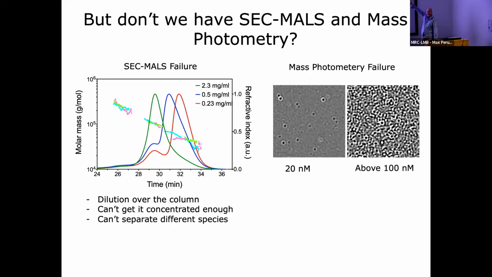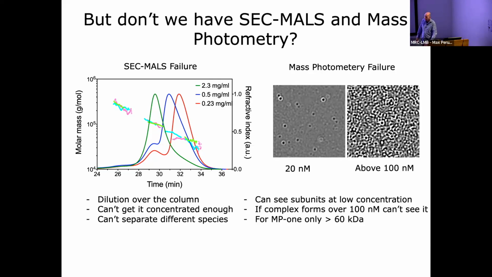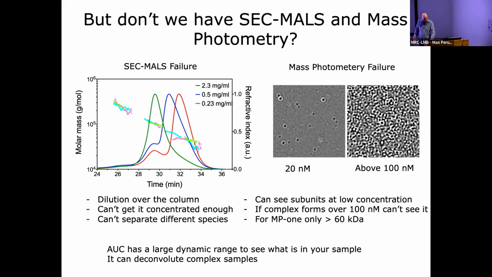You get this sea of massive horribleness where you can't detect any of the landing species to get any masses. So if your complex forms above 100 nanomolar, you can't see it. Also, for the instrument that we've got, you can't see anything below 60 kilodaltons. The new instrument, the MP2, can go down much lower.